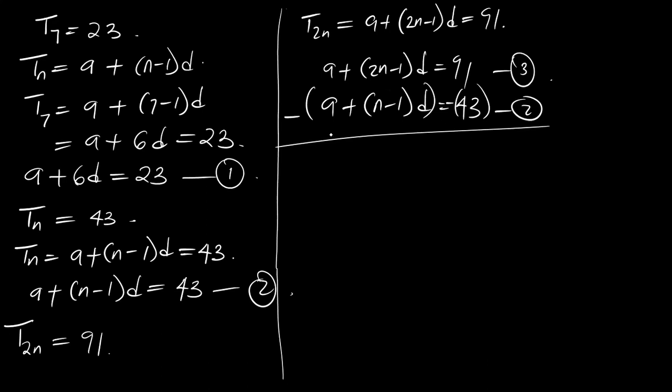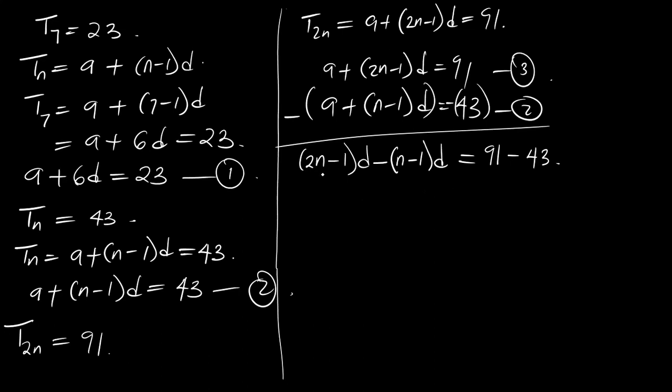A minus A gives you 0. Now you have bracket open 2n minus 1 bracket close times D minus bracket open n minus 1 times D equal to 91 minus 43.